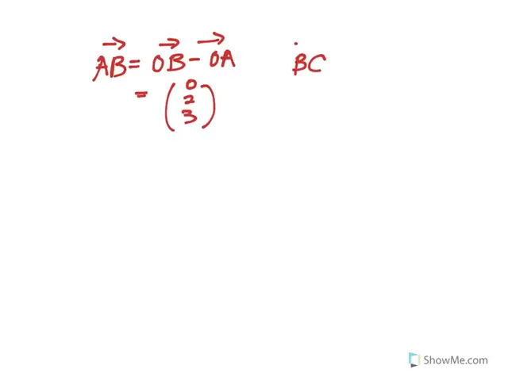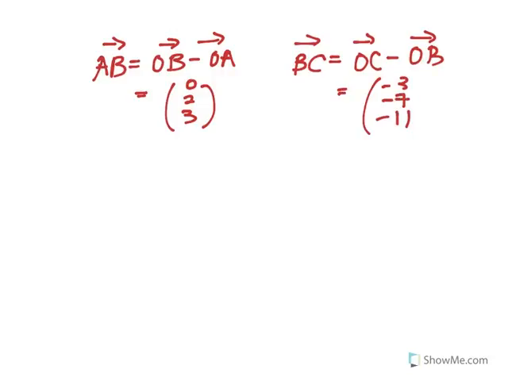BC is equal to OC minus OB, and that will give you (-3, -7, -11).